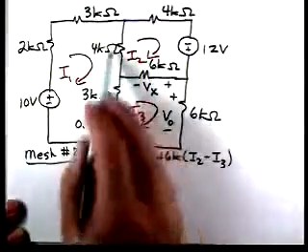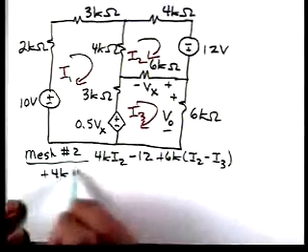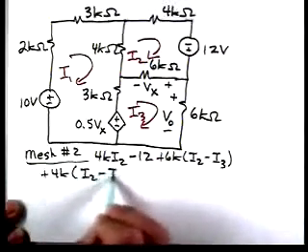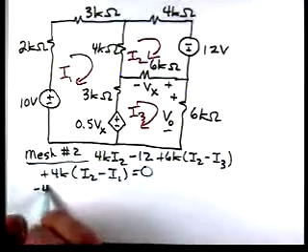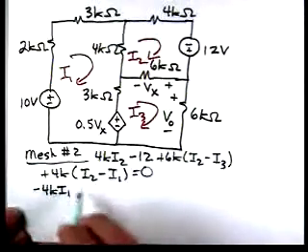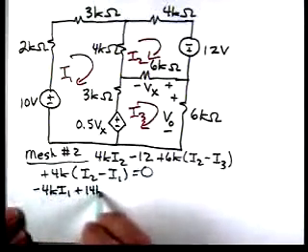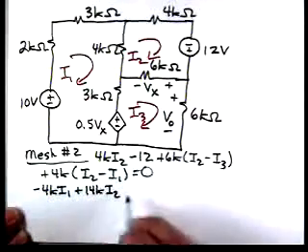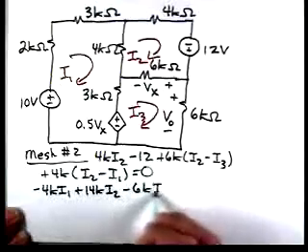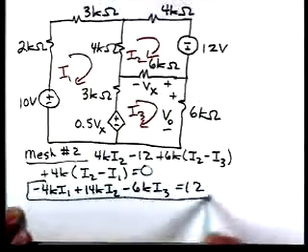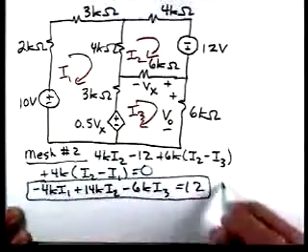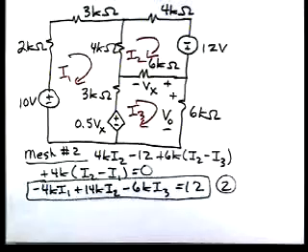Then we'll have a drop here, which is 4K times I2 minus I1 equal to 0. And then if we collect up terms, we'll have minus 4K I1 plus 14K I2 minus 6K I3 equal to 12. Okay, there's the second equation.